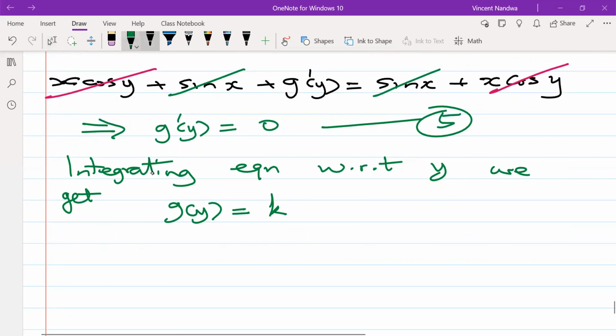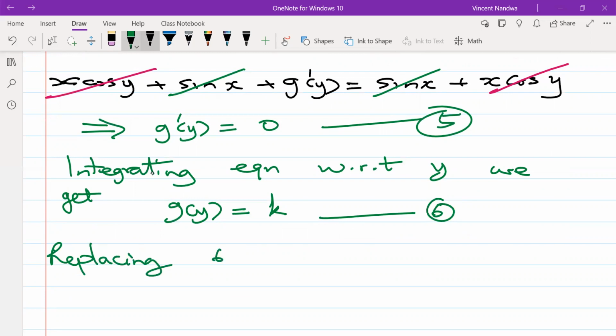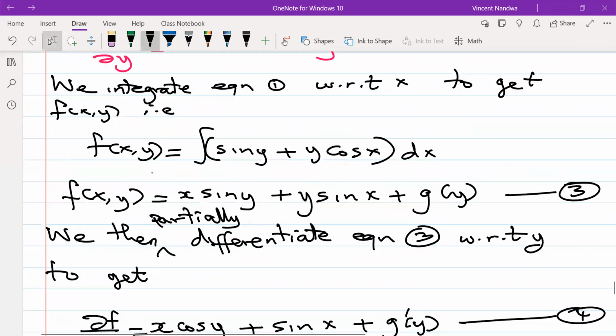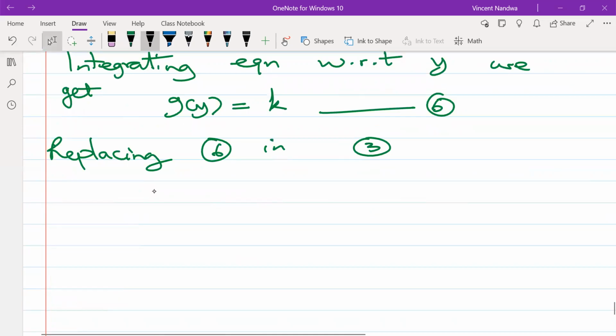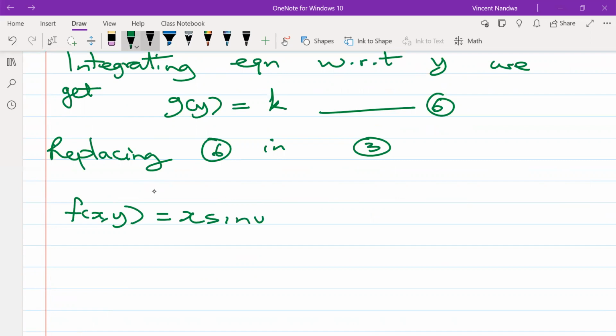So therefore, if I call this 6, replacing 6 in 3, because 3 is the one that defines the function, we get f of x, y equals to x sine y plus y sine x plus this k.